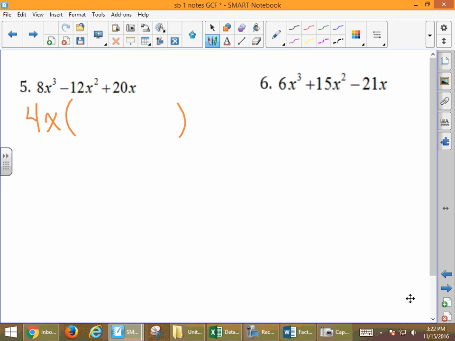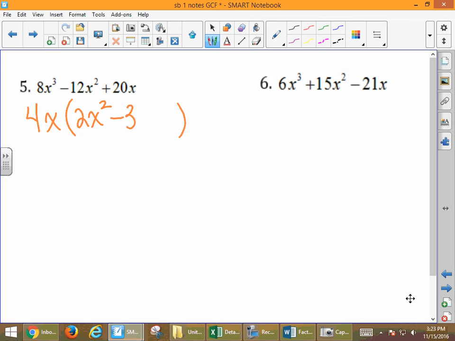8 divided by 4 is 2. And then the way I tend to say this is, for the x cubed, we started with 3 x's. We took out one of the x's. How many do we have left? We have 2. For our numbers here, 12 divided by 4 is 3.